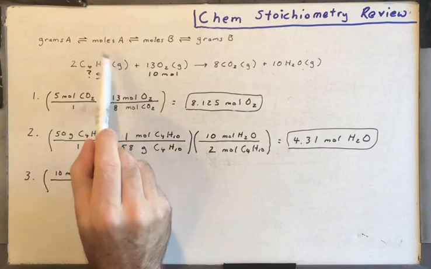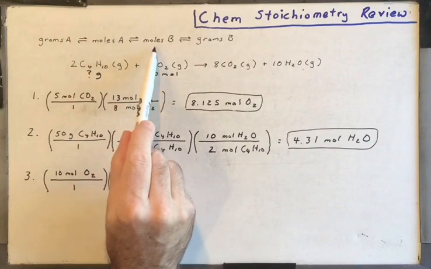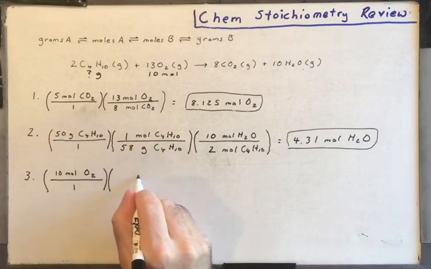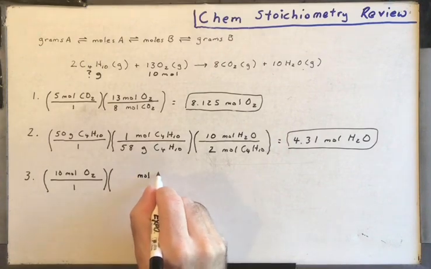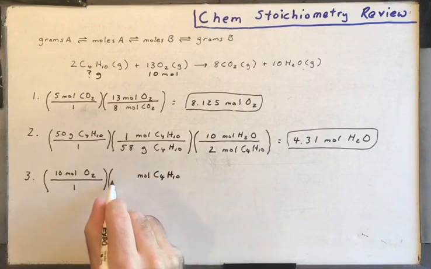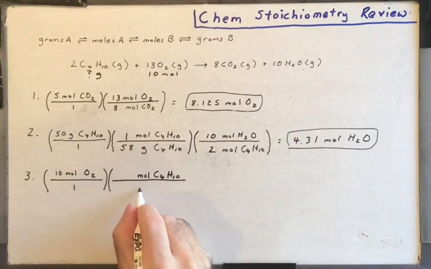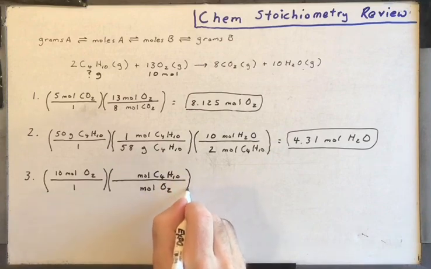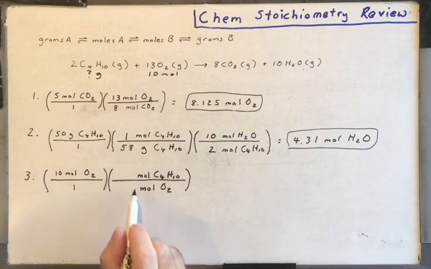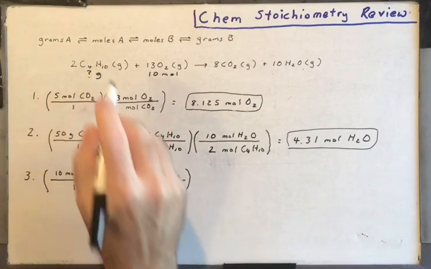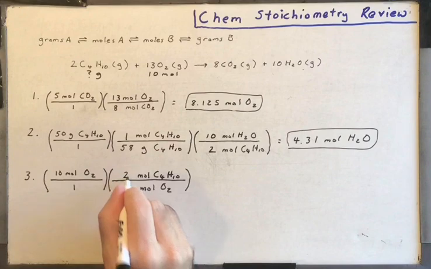We need to go from 10 moles of O2 to moles of C4H10. So you want to put that unit on top, because that's what you're going to. We're going to get rid of moles of O2. All right, you're going to use the stoichiometric coefficients here. So the coefficient in front of C4H10 is 2.